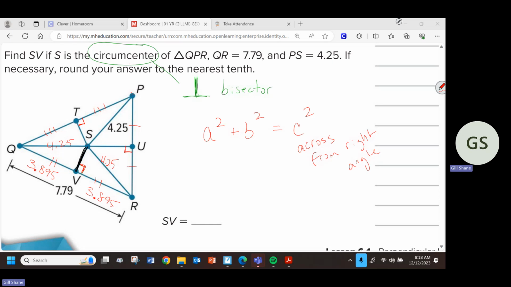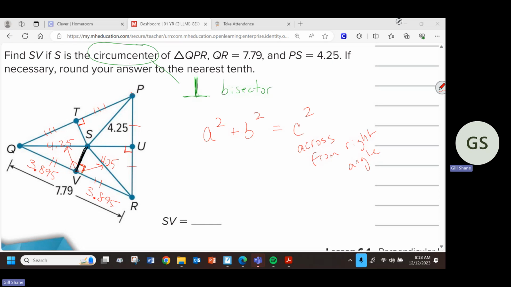So if this is the right angle, the side across is C. If this is the right angle also, then that side is C. That's how you find it. There are other ways, like it's the longest side, so you can visually tell. That works too, but across from the right angle is the definition.